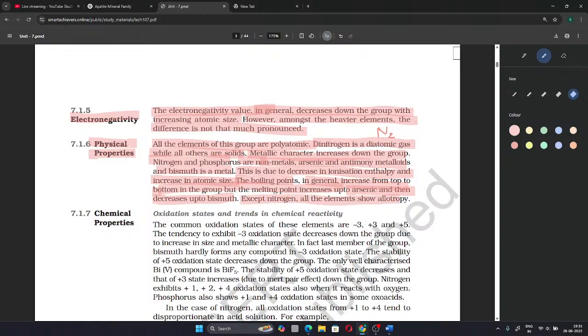Except nitrogen, all elements show allotropy. Allotropy means having different structures. For example, carbon can exist in different structures of diamond, graphite, and fullerene, where diamond is a 3D structure where carbon has 4 bonds, graphite is a sheet-like structure where numerous sheets are arranged, and fullerene is a football-like structure.